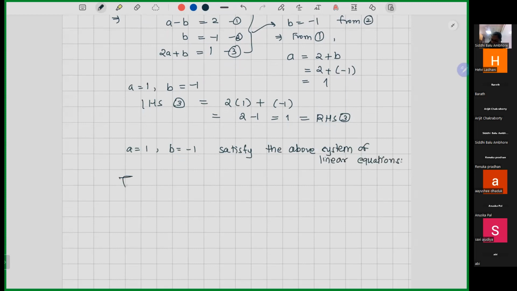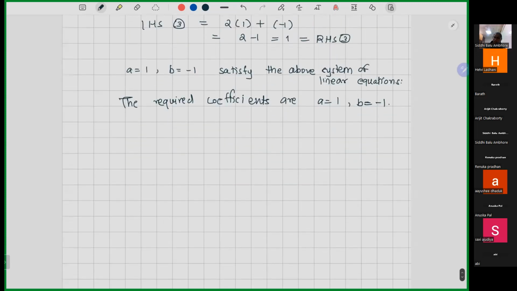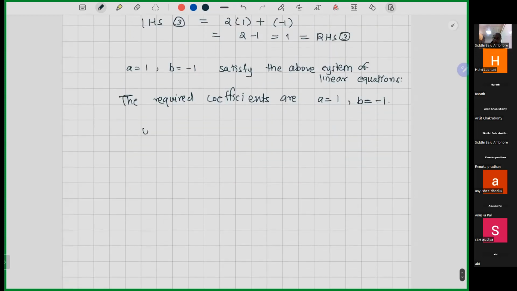So the required coefficients are what? a is equal to 1 and b is equal to -1. So what does this give me? That u is in the span of S.